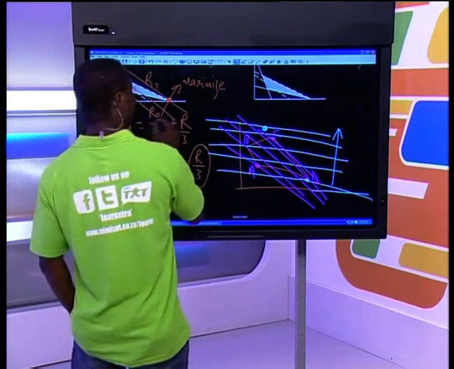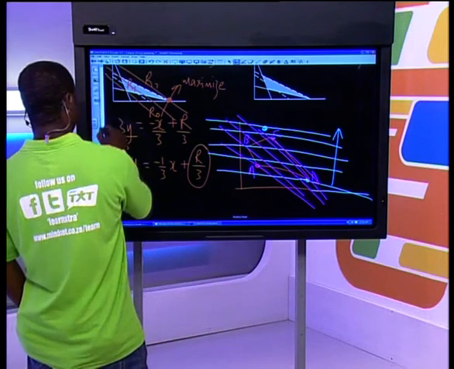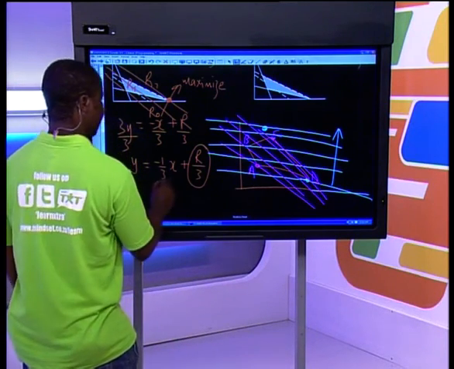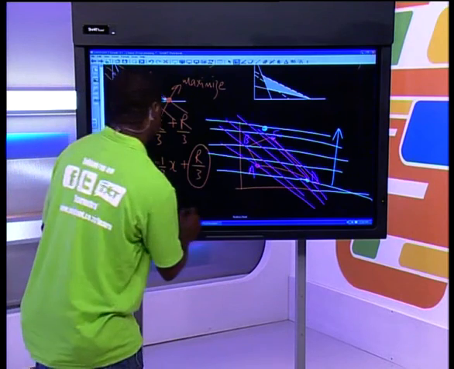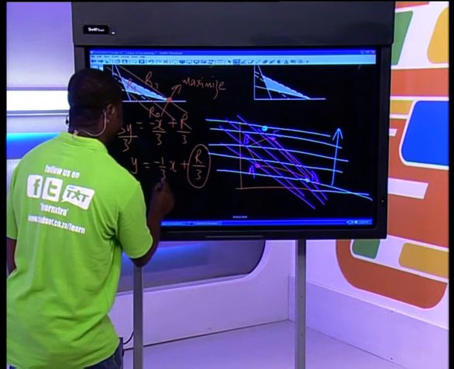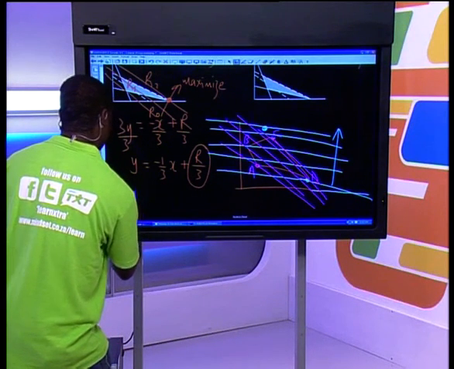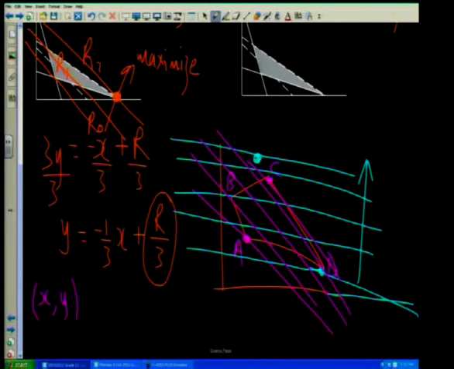All right, I was on this one. In this case, let's put a few values here. Let's just pick a set of x, y values that will give us the same revenue.